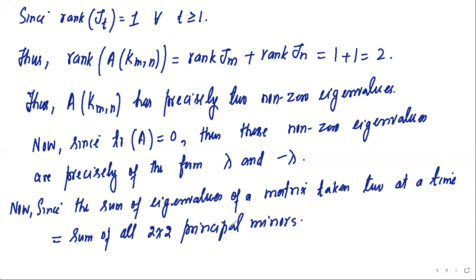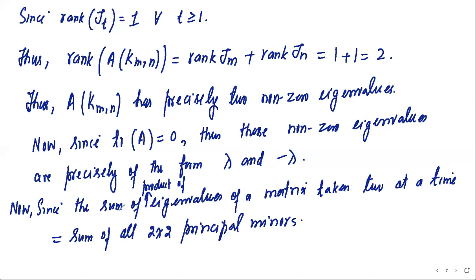This is an observation from matrix theory. The sum of products of eigenvalues taken 2 at a time is the sum of all 2 cross 2 principal minors.